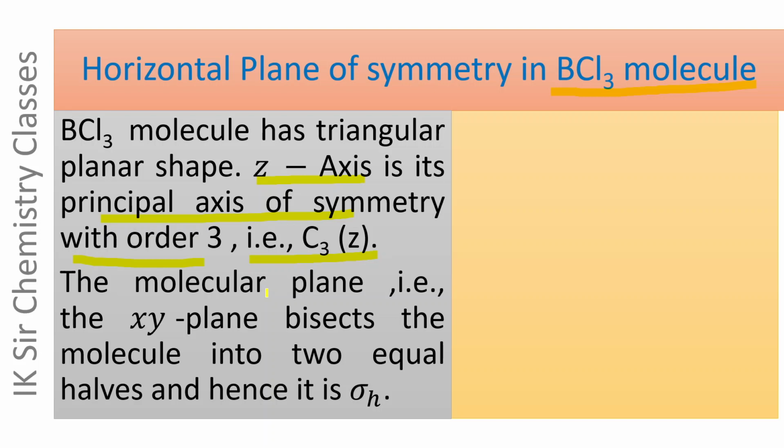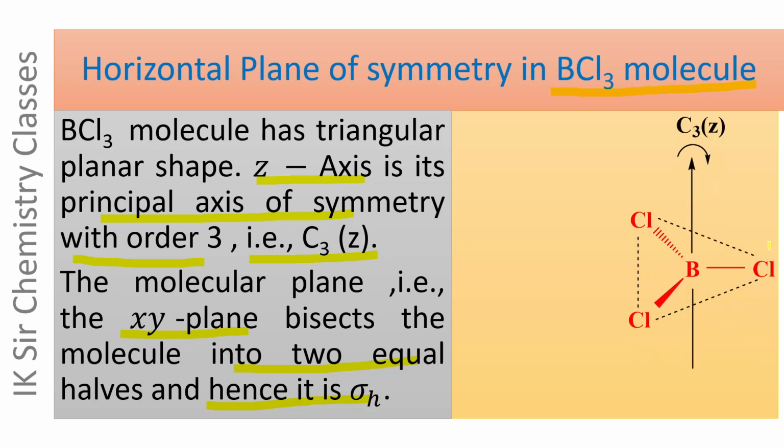The molecular plane, that is XY plane, bisects BCl3 molecule into two equal halves, and hence this XY plane is nothing but sigma H, horizontal plane of symmetry. It is BCl3 molecule having triangular planar shape.